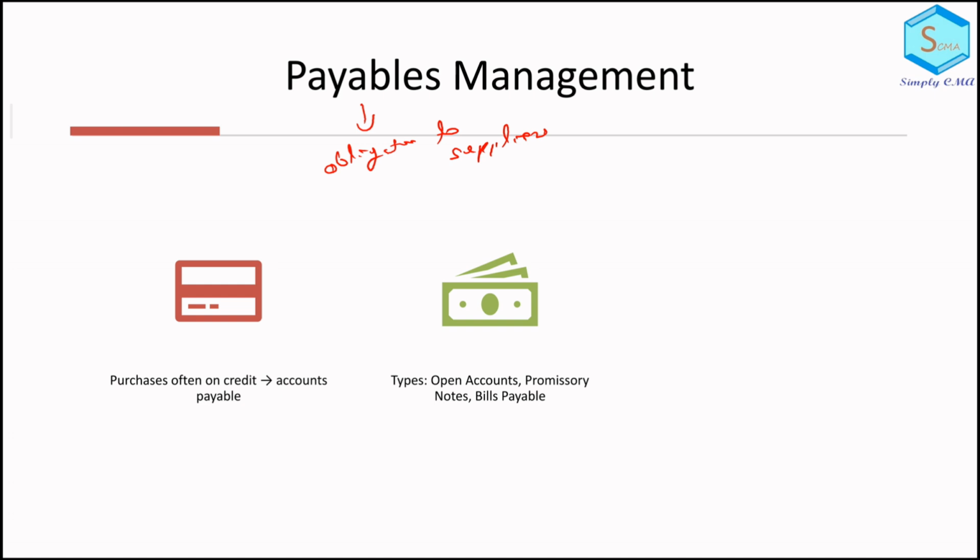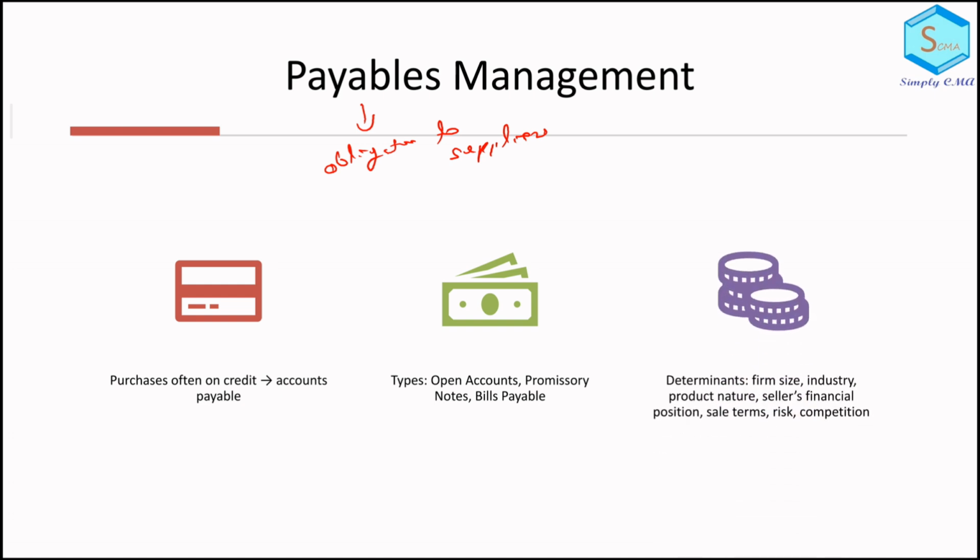Types are open account, promissory notes, bills payable. Then determinants are firm size, industry, product, seller strength, terms of trade, competition, and risk.